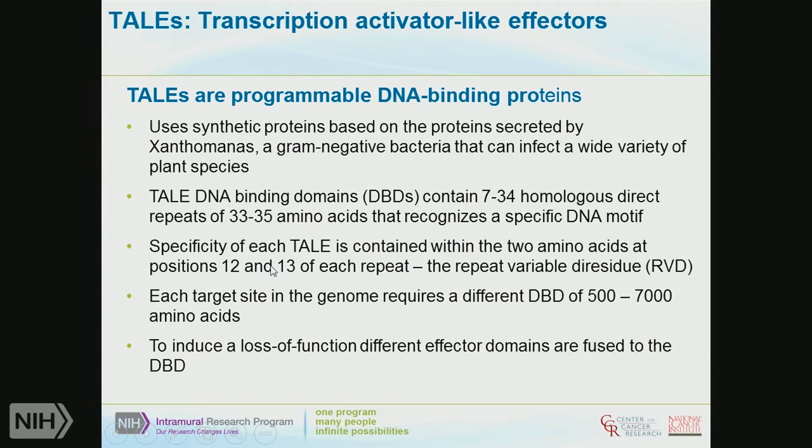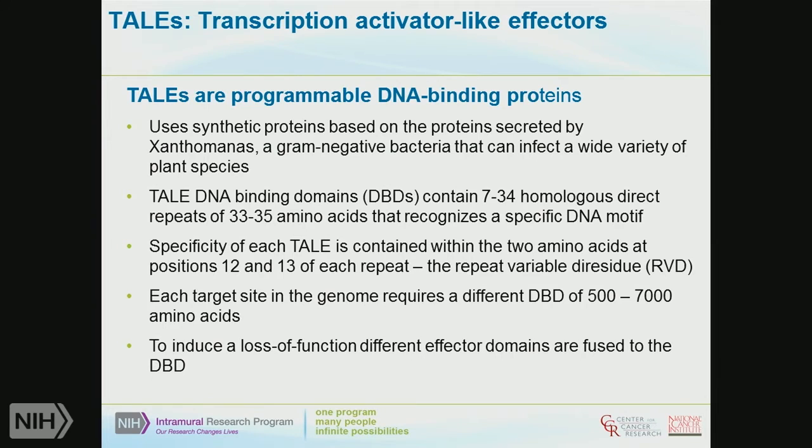This is known as the repeat variable diresidue. Designing these is actually quite difficult, and they tend to have to be very long. Each site in the genome needs between 500 and 7,000 amino acids. So these have not exactly taken off as an approach, but they are very effective if you can define one that works.